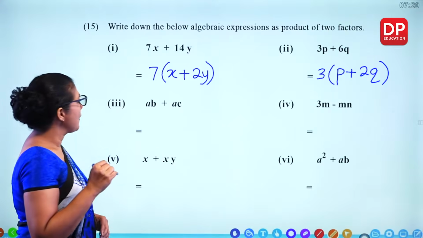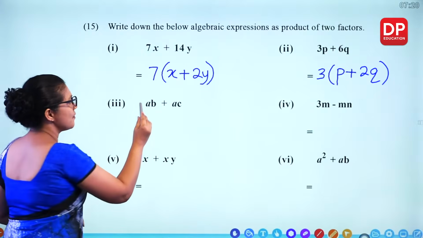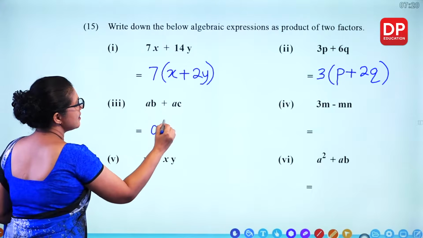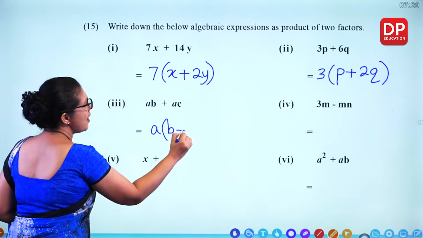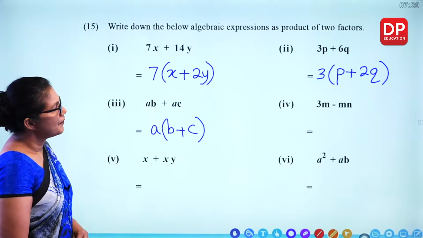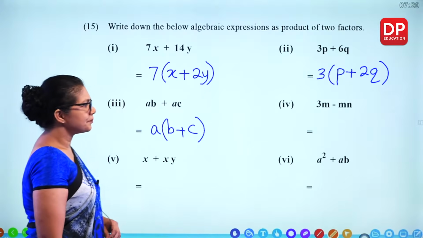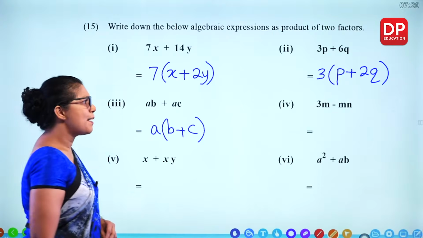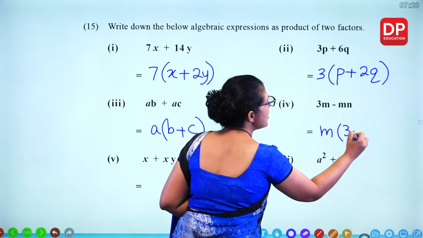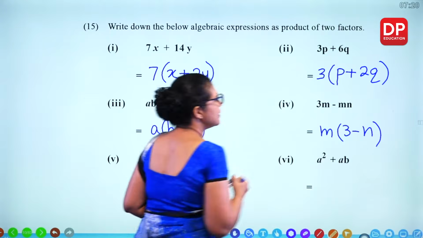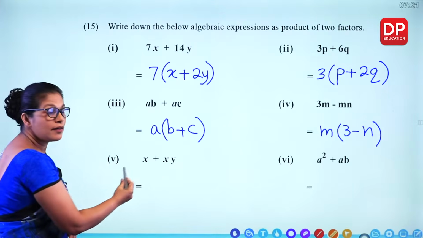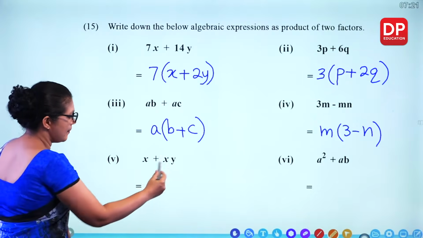This one, ab plus ac. What's common? a is common. Take it out. What's the remaining part? b plus c. Look at carefully the next one. 3m minus mn. m is common. Take it out. 3 minus n. Here, which one is common? x is common.